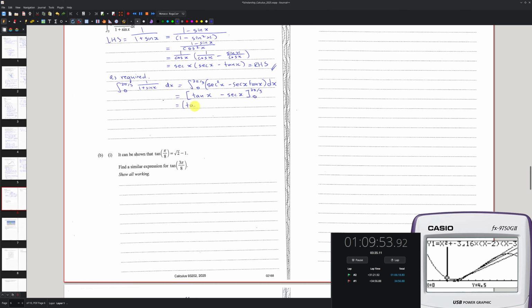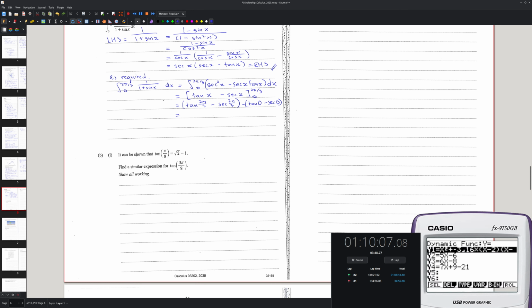Okay, so that's tan 2 pi on 3 minus sec 2 pi on 3 minus tan 0 plus sec 0. And then we plug into the magic machine. Tan 2 pi on 3 is negative root 3.